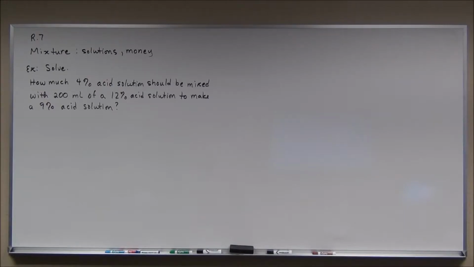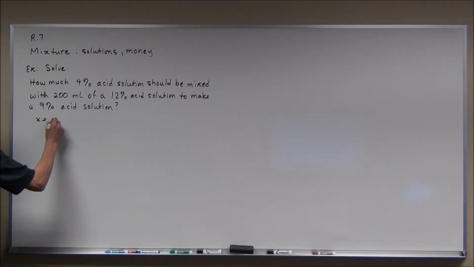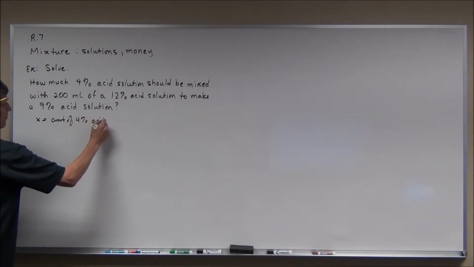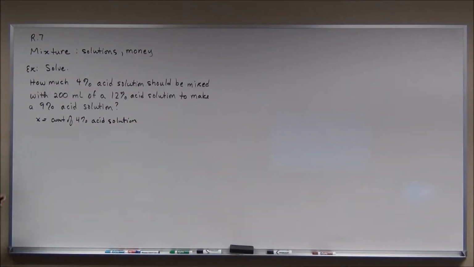But in this case, I don't know how much 4% acid solution there is, so that's my variable. I'm going to let x represent the amount of 4% acid solution. Now, this is in milliliters. That doesn't mean I have x milliliters of pure acid. I have x milliliters of 4% acid solution.